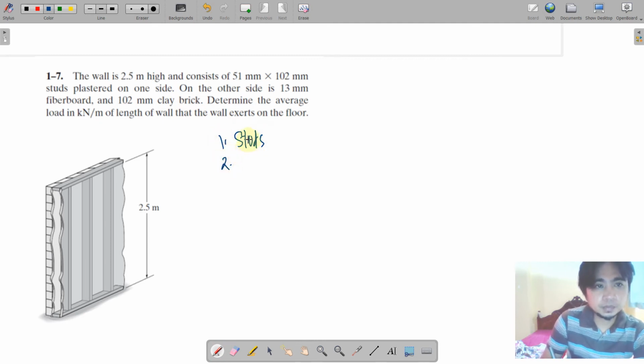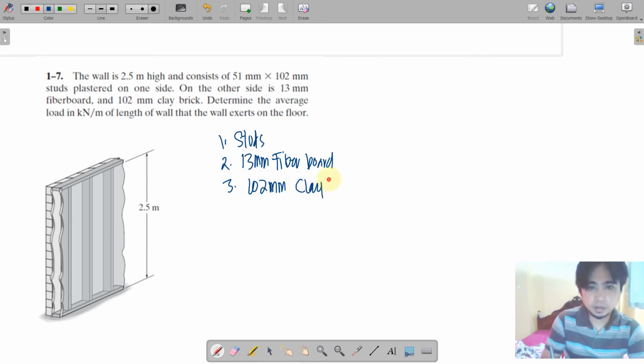Number 2, we have 13 mm fiberboard, and the third one, 102 mm clay brick. Okay, clay brick. So let us refer again to our table for that.